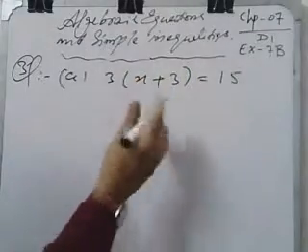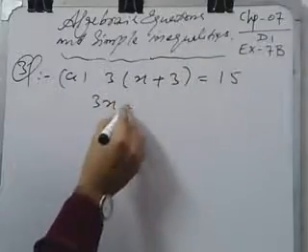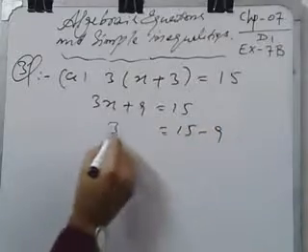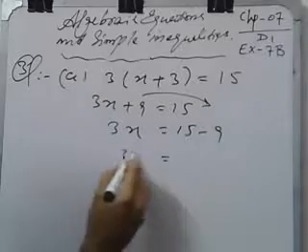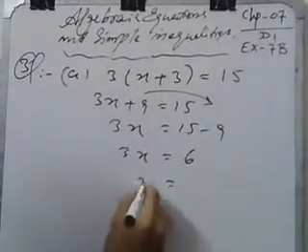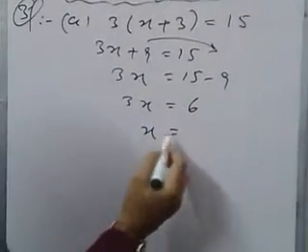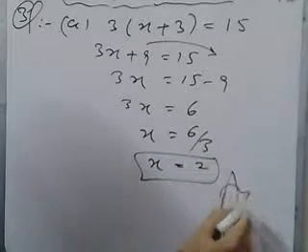So you see here, first of all we have to remove this bracket, so multiply 3 with, you will get 3x, 3 3s are 9 is equal to 15, is equal to 15 minus 9, because we have to shift the constant terms at one side, so you will get 3x and 6x, the greater value sign should be positive, so when there is no sign, it means it is positive. So 6 by 3 and x is equal to 2. So the value of x is 2.